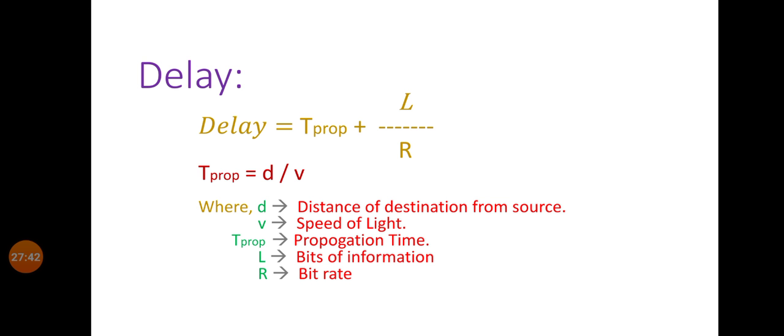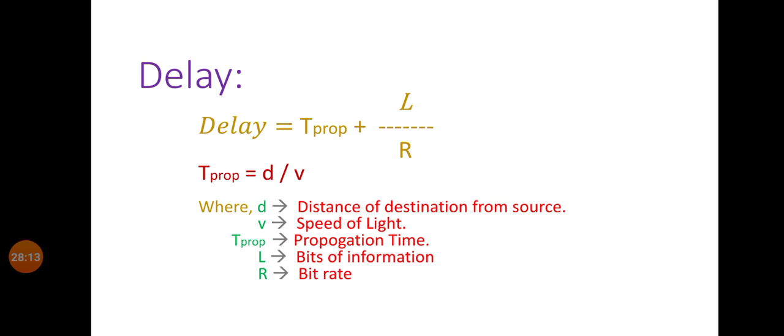Consider I want to transfer a file in 5 minutes. Then what we have to do? We have to increase the bit rate. Clear? We have to increase the bit rate. So when we increase the bit rate, means when we speed the transfer, then automatically time is reduced.